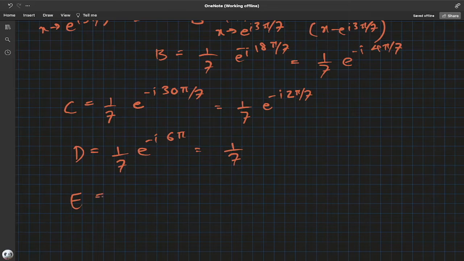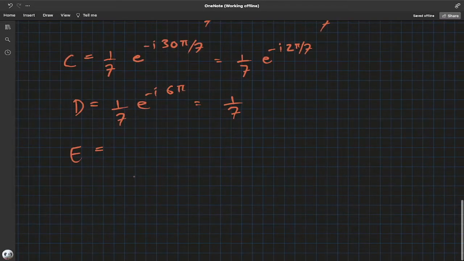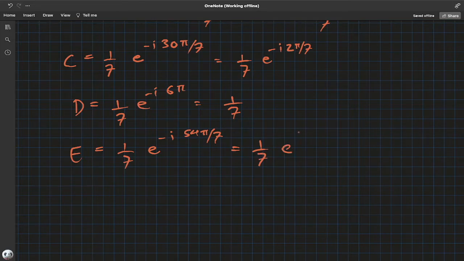For E, when you take the limit for that root, you have 1/7 e to the negative i, I believe, 9 times 6, you have 54 pi over 7. But in this case, 54 falls behind the closest multiple of 14, which is 56. So we're going to have to subtract an extra 2, so that's minus, and this minus becomes a plus.